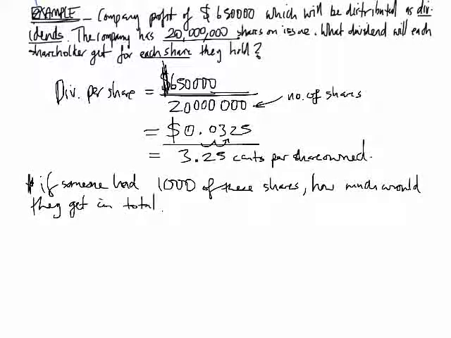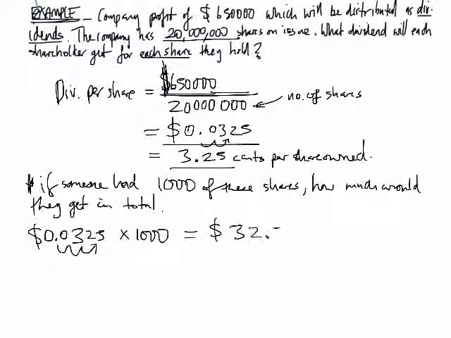So they're getting 3.25 cents for every share that they have, and they have 1,000 of them. Sorry, we won't work in cents, because the answer is probably going to be in dollars. It's $0.0325 times by 1,000. That's going to jump 3 times. So they're going to get $32.50.